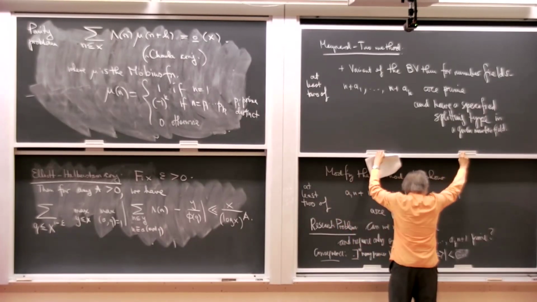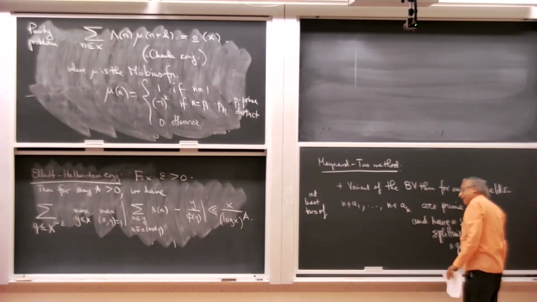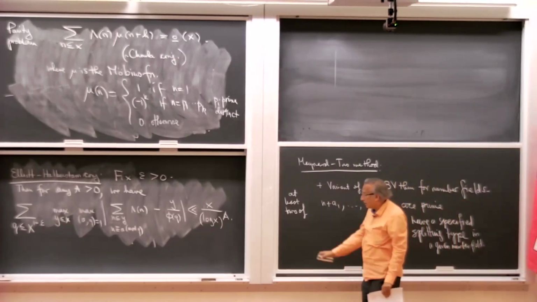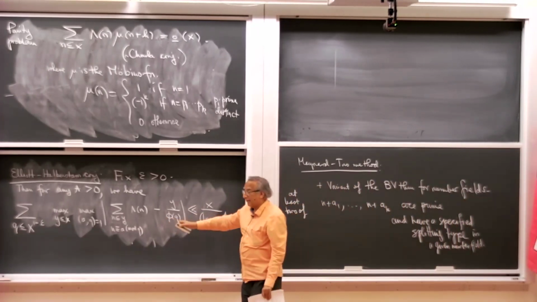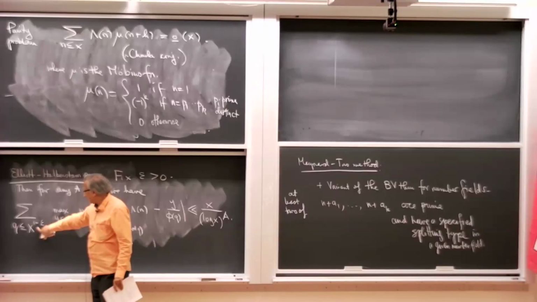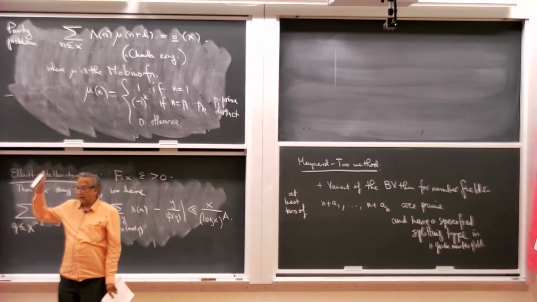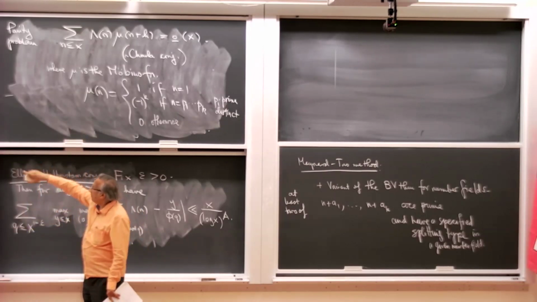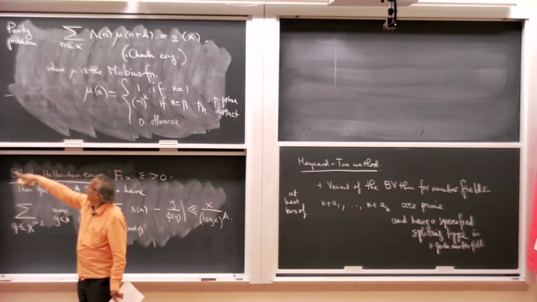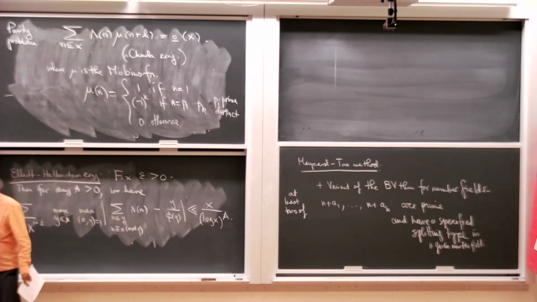So the point is, what is the allowable limit in the Elliot-Halberstam conjecture beyond things like this? And if you're allowed to replace this x to the minus epsilon by x to the 1 over log x, then you have a very simple proof connecting parity problems implies that. So parity, that conjecture, Chowla conjecture, does imply this asymptotic formula.